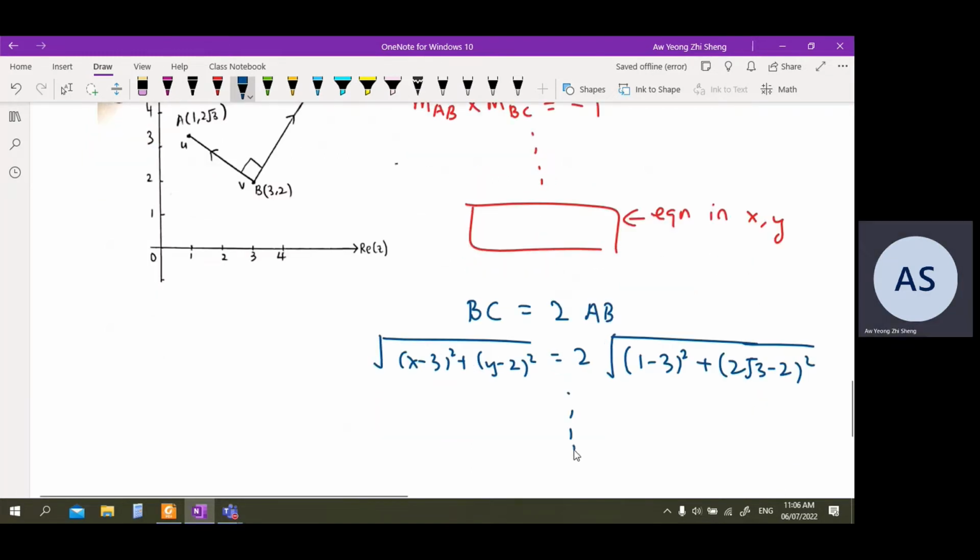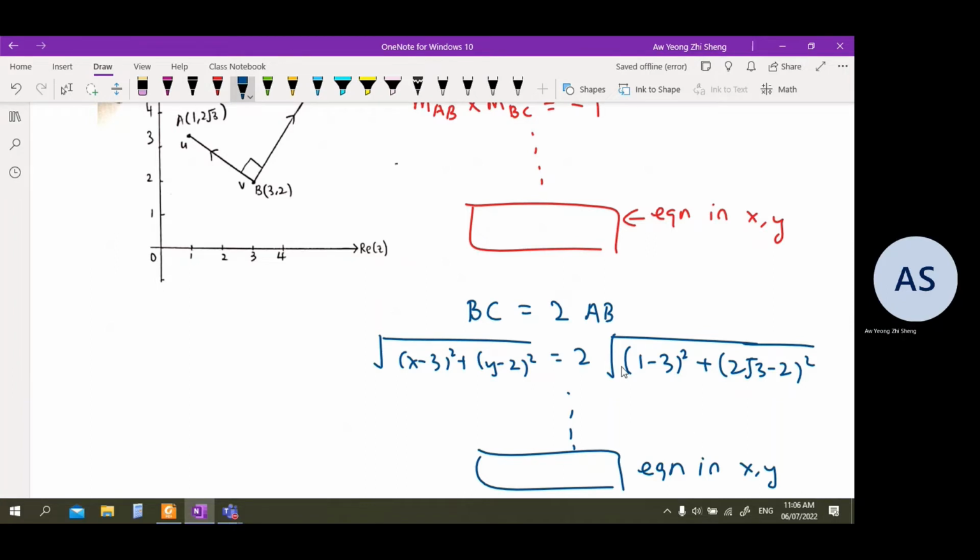From here, you will get another equation in x and y. Since you have two equations and two unknowns, it should be possible to solve for x and y.